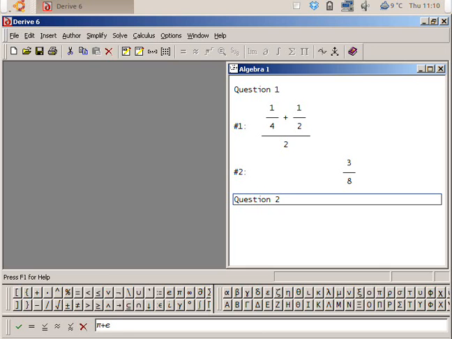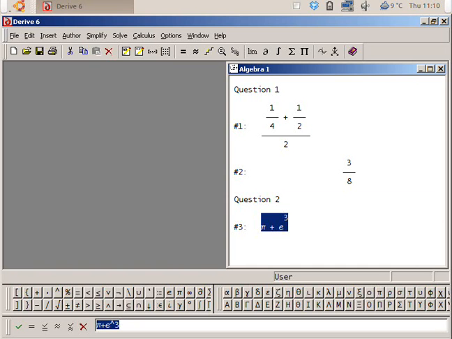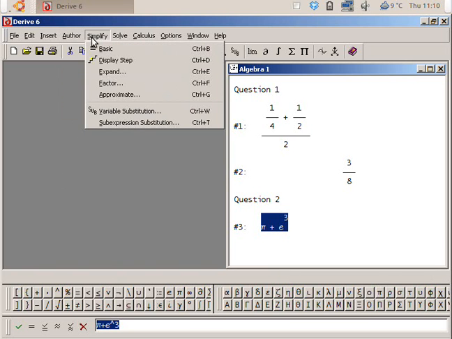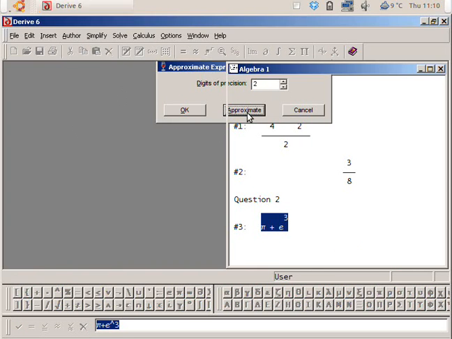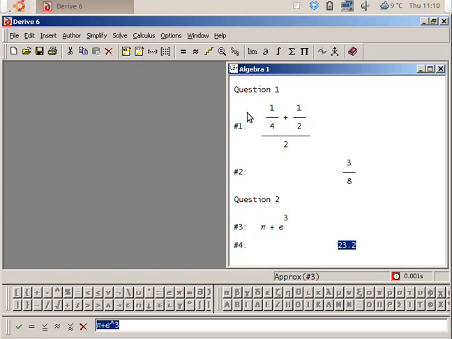Control E. Power 3. Got that? And we wanted the 2 significant figures, so simplify, approximate for 2 digits of precision and approximate, and there you go.